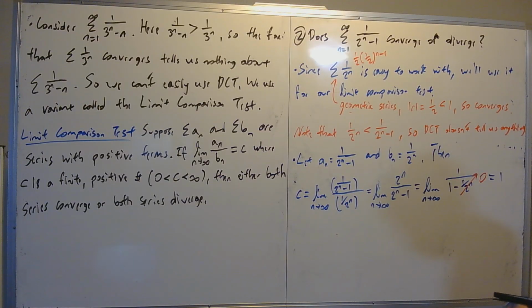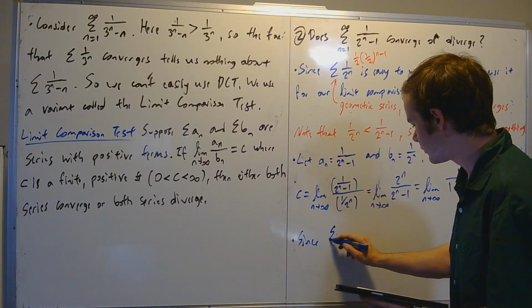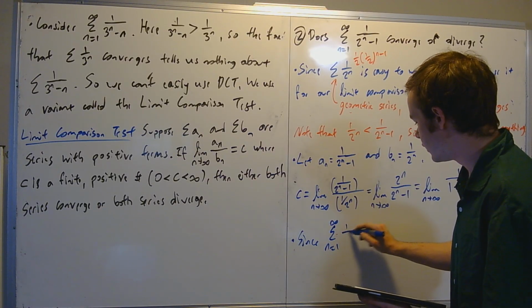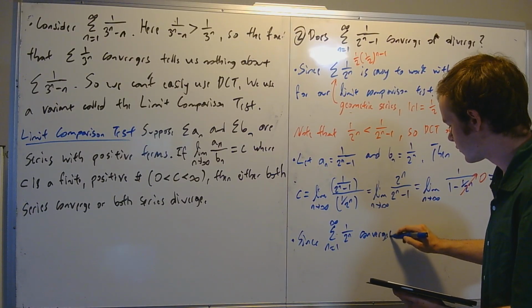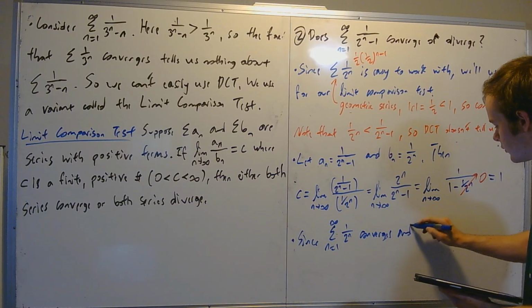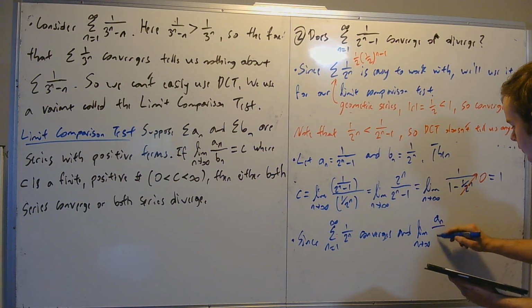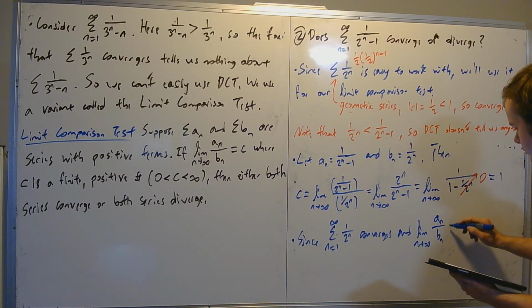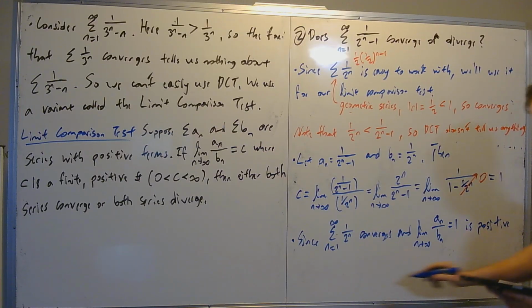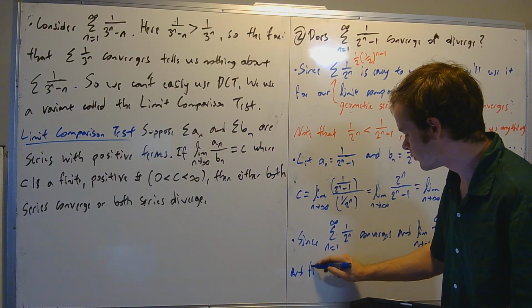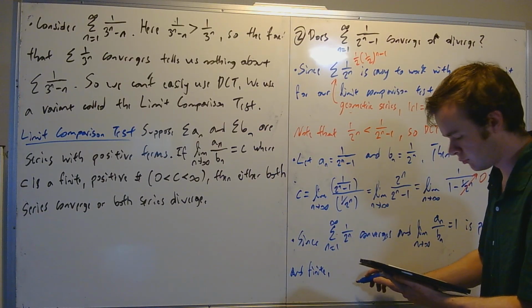Okay, so we can say here, since the sum from n equals 1 to infinity of 1 over 2 to the n converges, and the limit as n goes to infinity of a_n over b_n equals 1 is positive and finite, then we can use the conclusion of the limit comparison test.